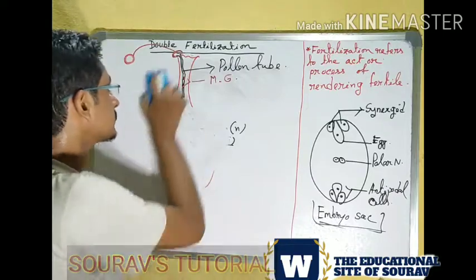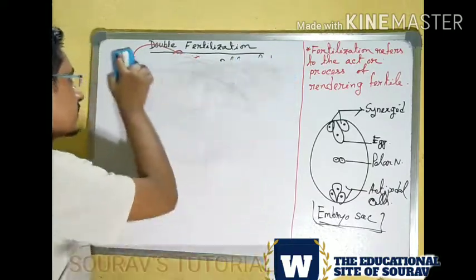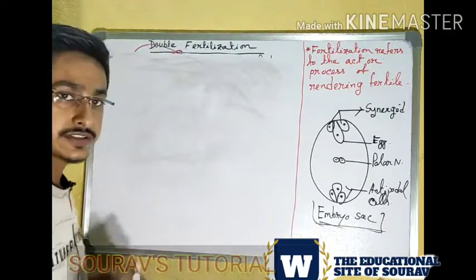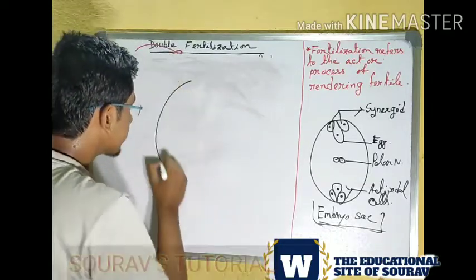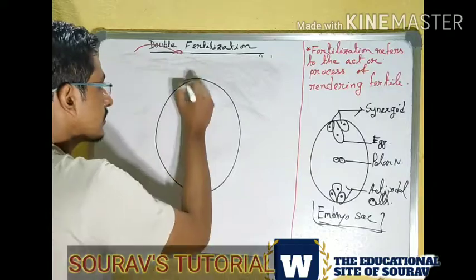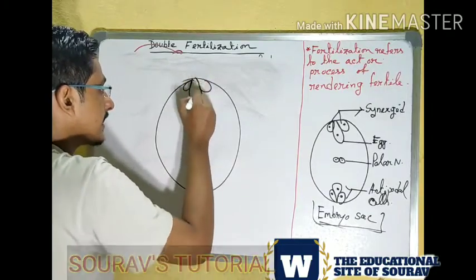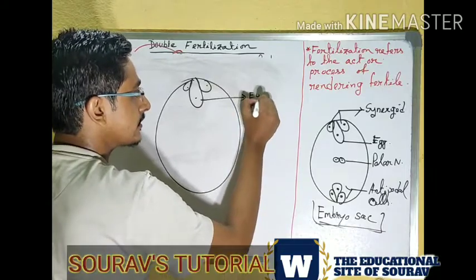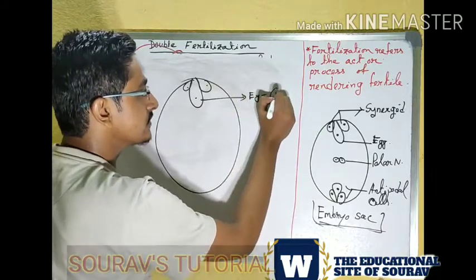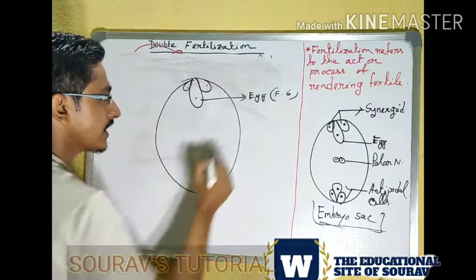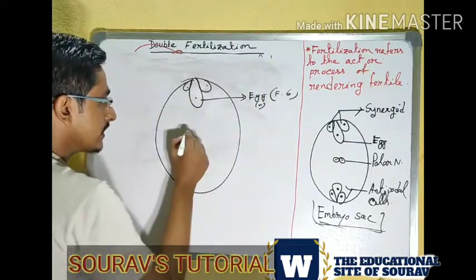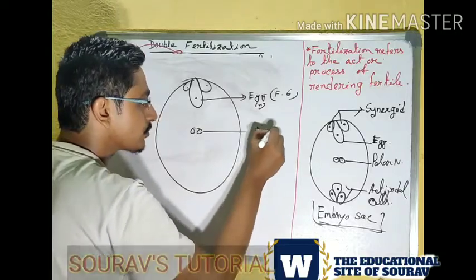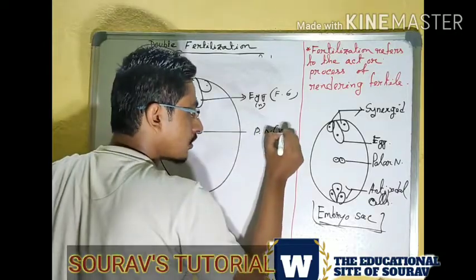Now look at the next events. Suppose this is the structure. Remember, this is the structure. That is the egg, the female gamete, and in between there are two polar nuclei.